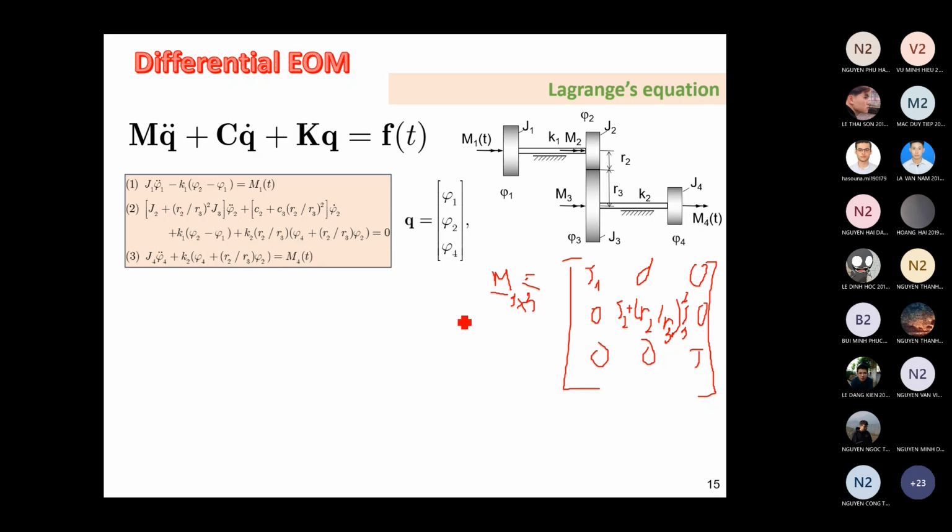And then 0, 0 and J4. Okay. What is the K matrix?